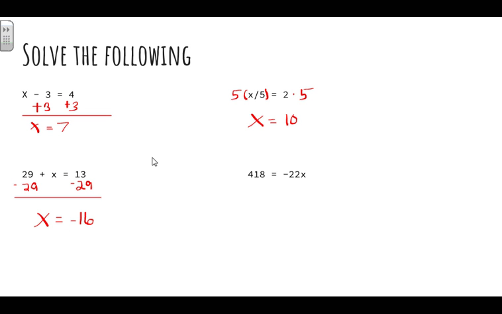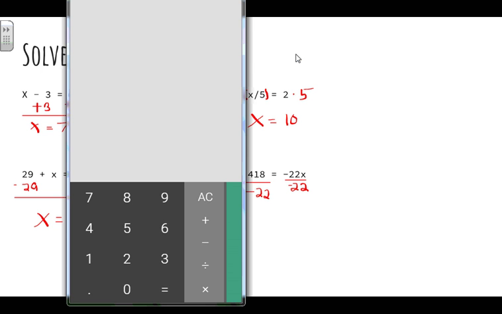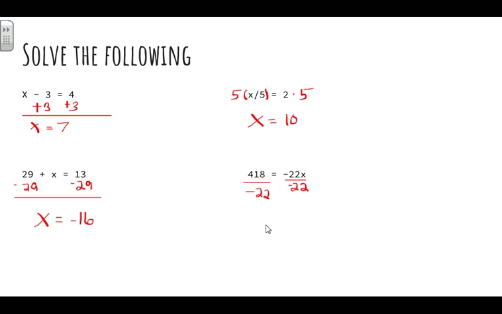And this last equation here, 418 equals negative 22x, so we're going to divide both sides by a negative 22. Just for the sake of time, I'm going to open up my calculator. So x equals negative 19.